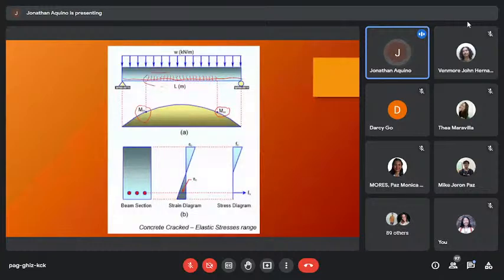Pero beyond the cracking moment, itong portion na to, so hindi pa gumagana yung tension reinforcement. So ang nakikarga pa lang ng any flexural load is the concrete o yung beam pa lang, bottom tension reinforcement capacity ng concrete beam. Okay?